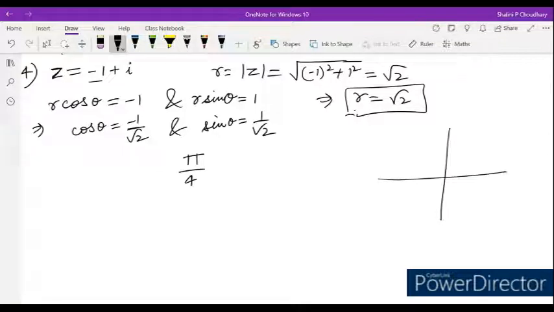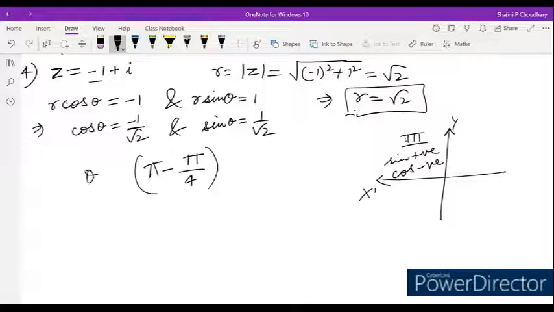So cos is negative in this quadrant because the x axis is negative, and sin is positive, meaning y is positive. It means this is the second quadrant, where sin is positive and cos is negative. Okay? So in this quadrant, we need to write pi minus pi upon 4. Theta will be equal to pi minus pi upon 4, that will be equal to 3 pi upon 4.